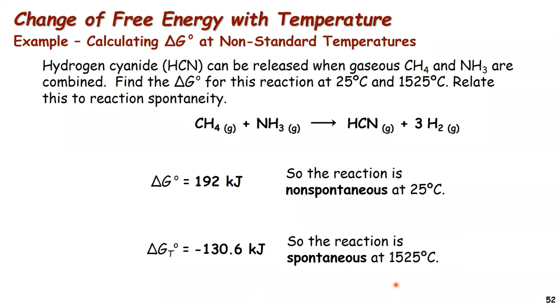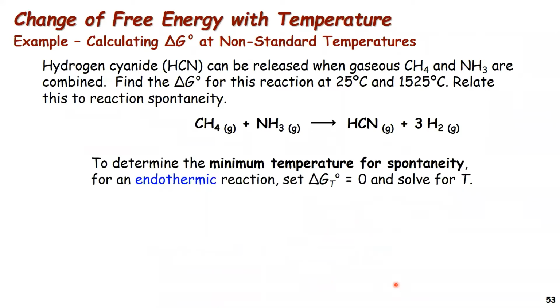at what temperature does it become spontaneous? Okay, so that would be interesting to know. Well, we can figure that out quite easily, right? So when del G is equal to 0, we're at equilibrium. That's where it goes from being spontaneous to non-spontaneous, or non-spontaneous to spontaneous in this case, okay?